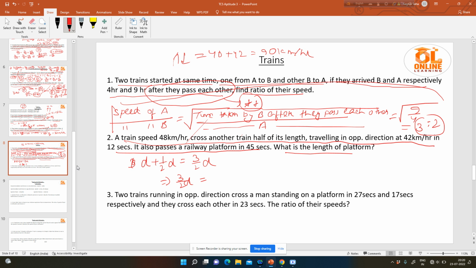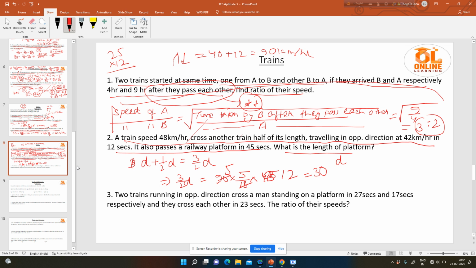The speed is 90 kilometers per hour and the time is in seconds, so you have to convert it: 90 into 5 by 18 into 12 seconds, as they cross each other in 12 seconds. 90 into 5 by 18 is 25, 25 into 12 is 300. So d is equal to 300.